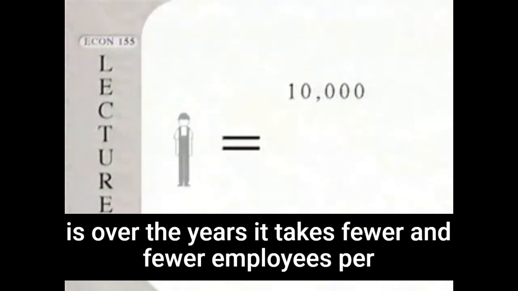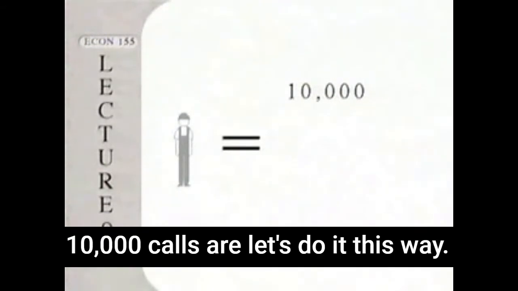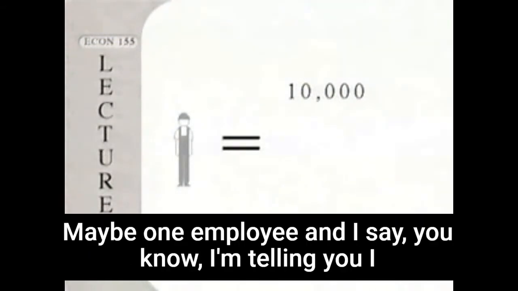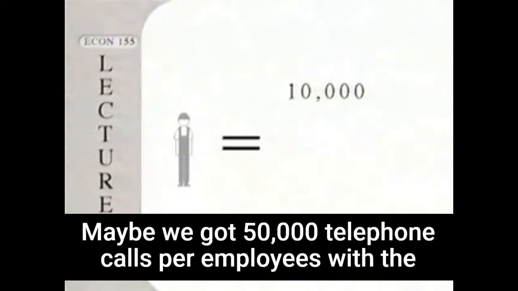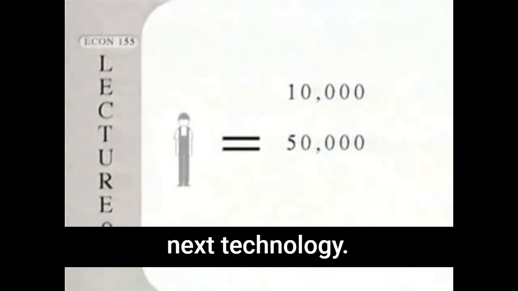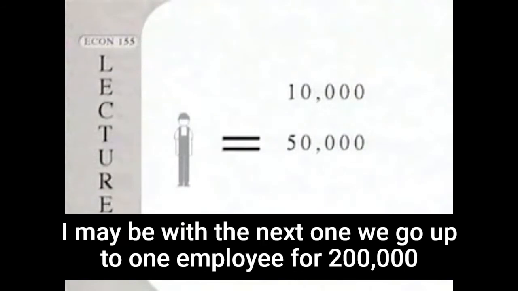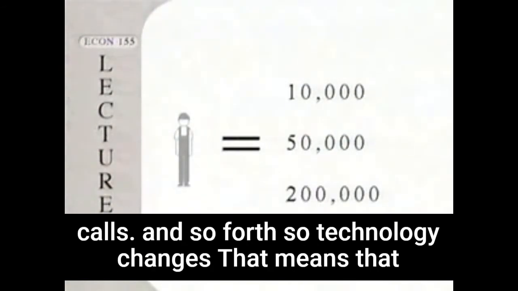And over the years, it takes fewer and fewer employees per 10,000 calls. Or let's do it this way. Maybe we got 50,000 telephone calls per employee with the next technology. And maybe with the next one, we go up to one employee for 200,000 calls. And so forth.